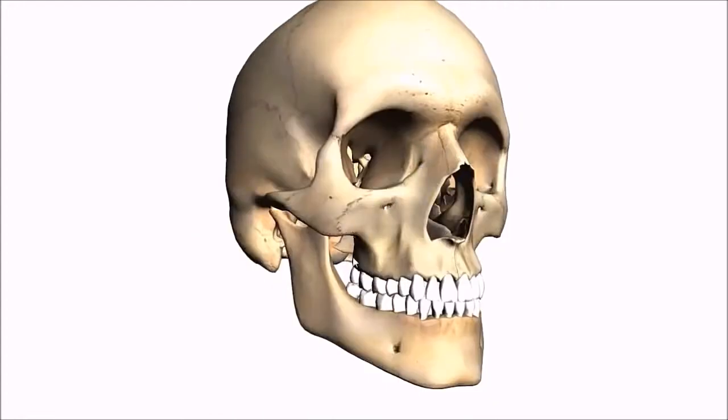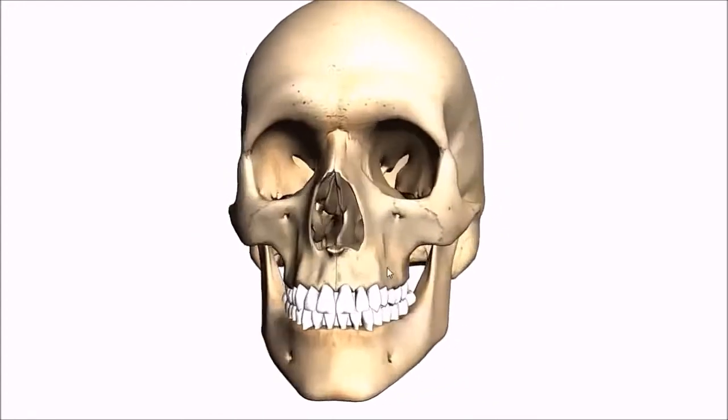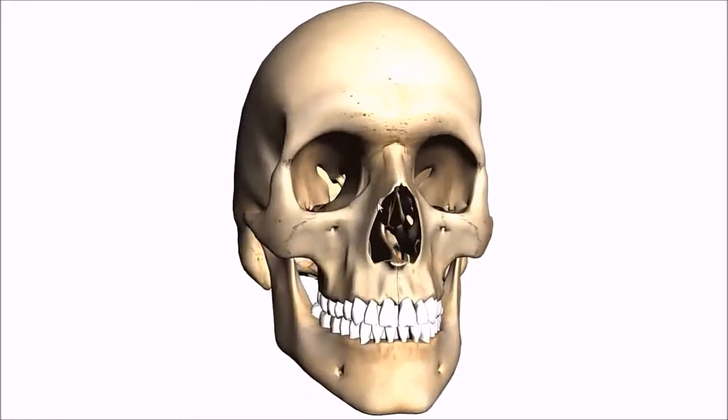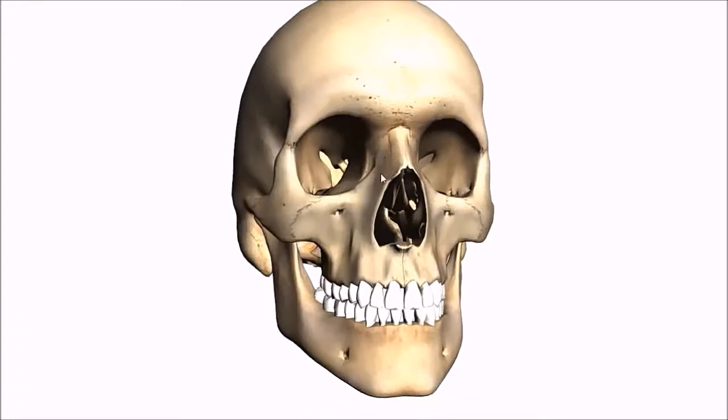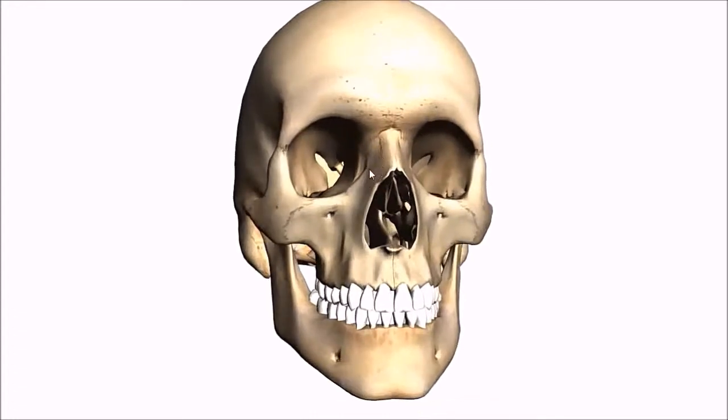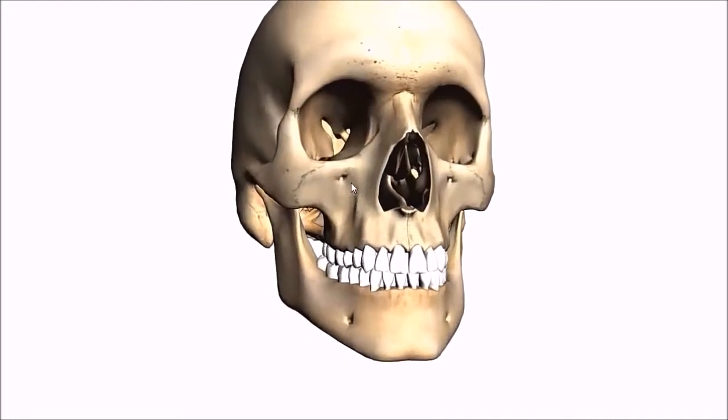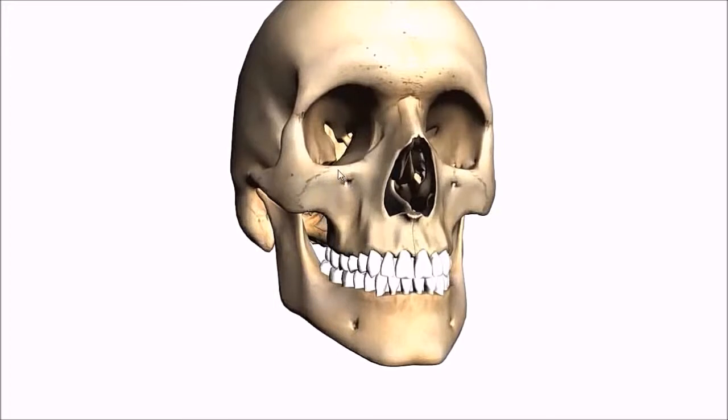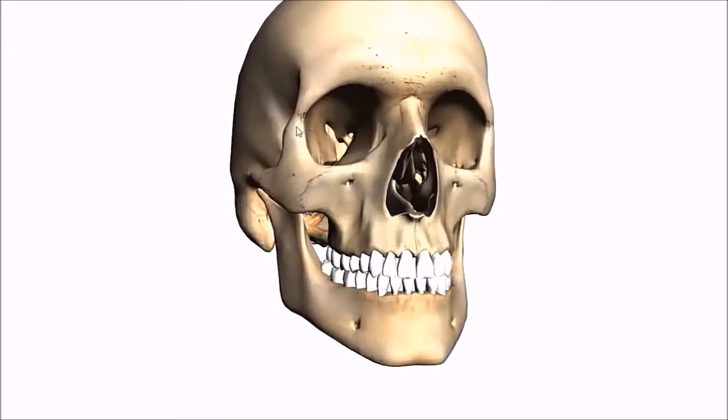And here we've got the maxilla, and this, as you can see, makes up the medial part of the orbit, and it's got a few processes. This process is called the frontal process because it articulates with the frontal bone. Then this process here is the zygomatic process of the maxilla, because it articulates with the zygomatic bone.